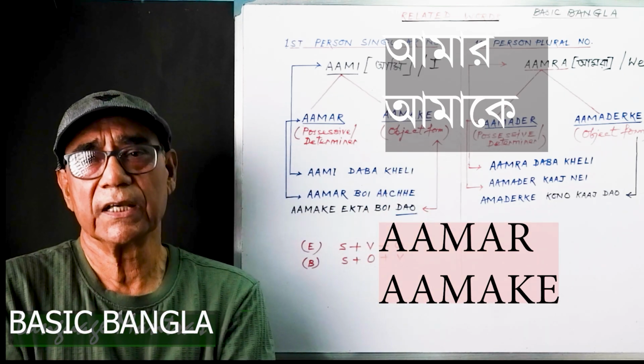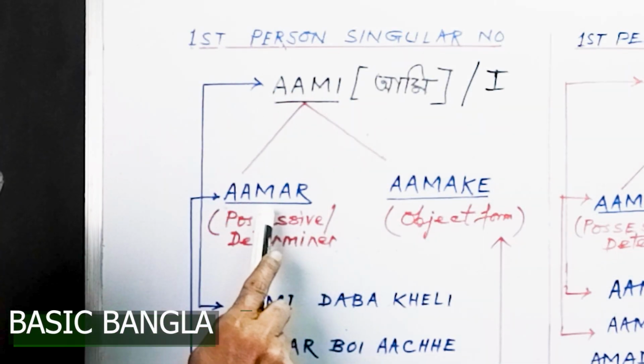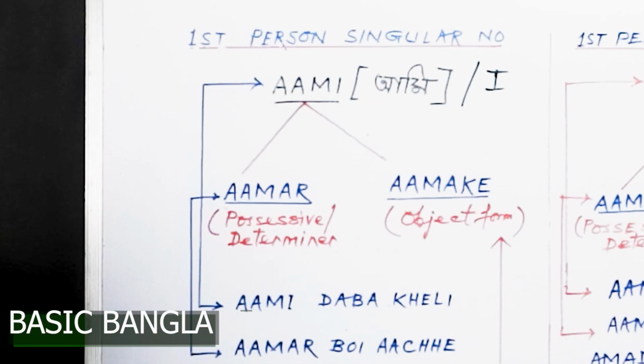Aamake ekta boi dao, give me a book. This way, I, mine, and me, Aami, Aamar, Aamake, these three words come very close together.